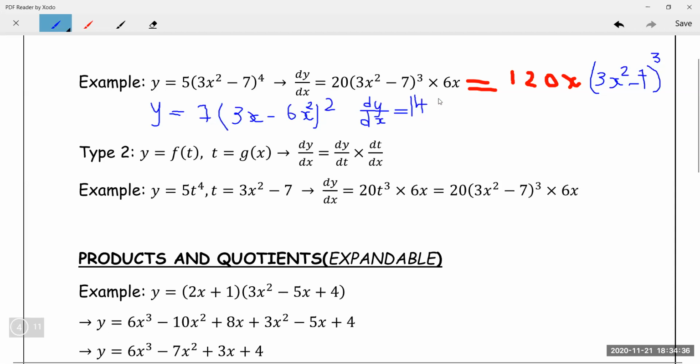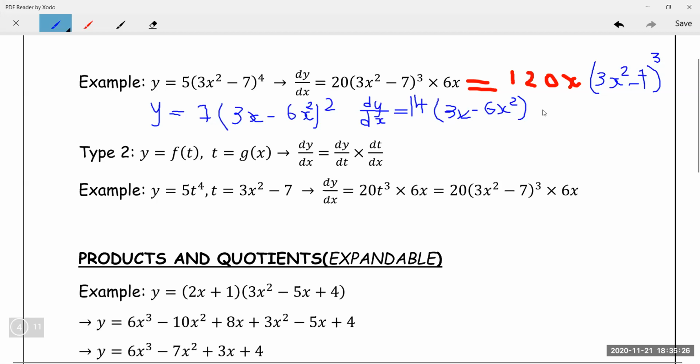And then brackets: 3x minus 6x squared. Yeah, that's it. And finish?